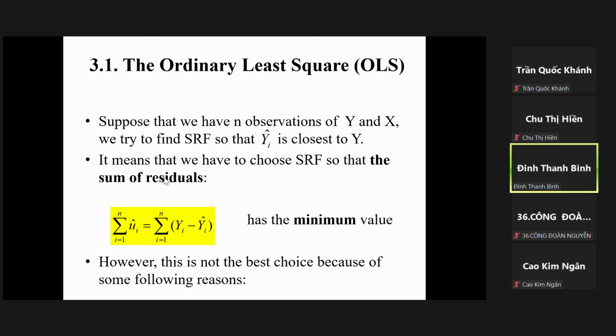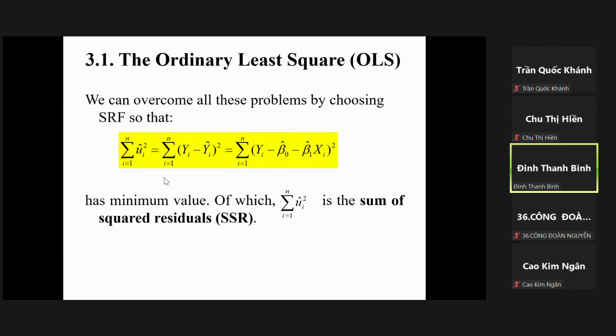The gap could be very huge, but when we sum them together, it could be very small because of the opposite signs. So to overcome this problem, we can use the square, or we can use the absolute value. We studied that in mathematics. So here, Gauss chose the method of squaring the value of u hat.